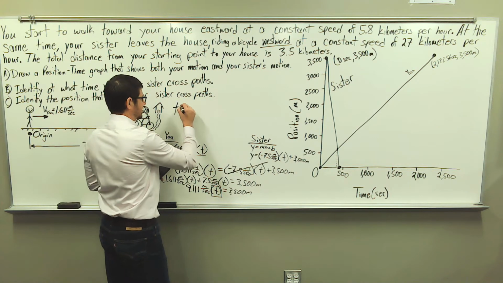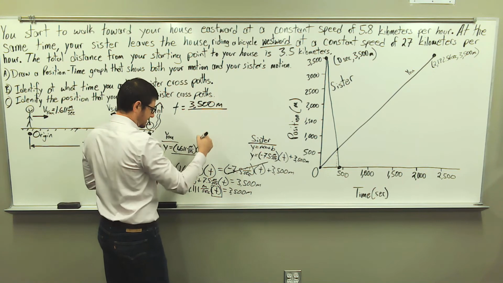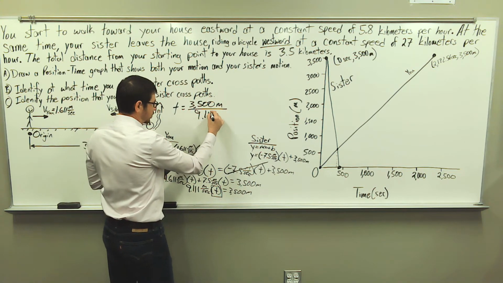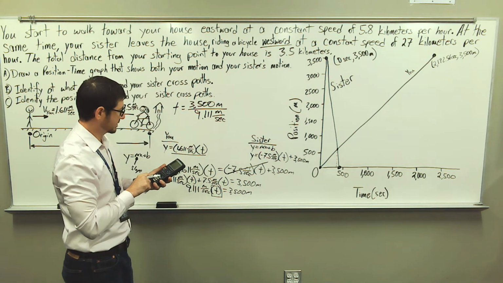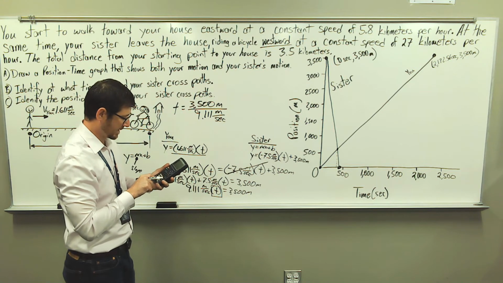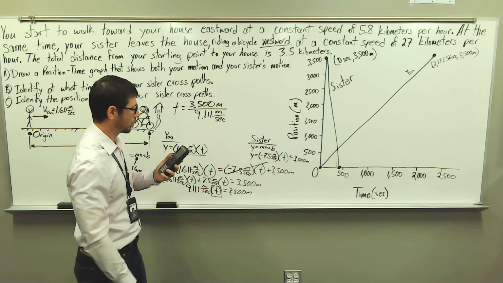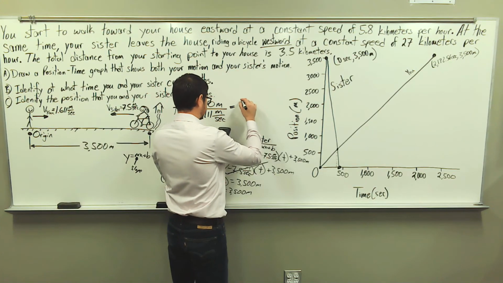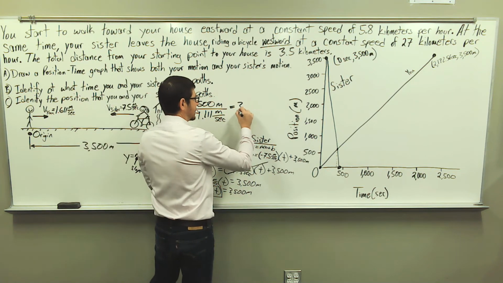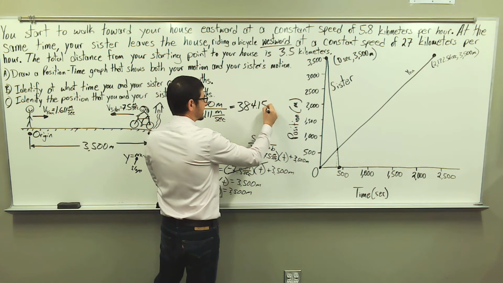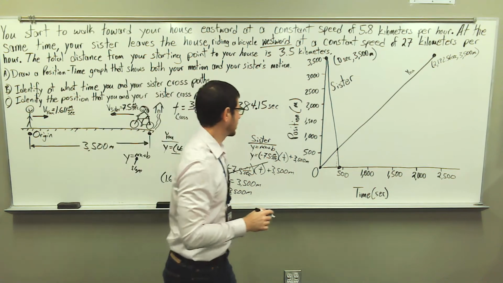So t is equal to 3,500 meters divided by 9.111 meters per second. 3,500 divided by 9.111 gives me 384.15 seconds. Now I'm going to use the subscript of cross here. So 384.15 seconds. Okay? So part B is done.